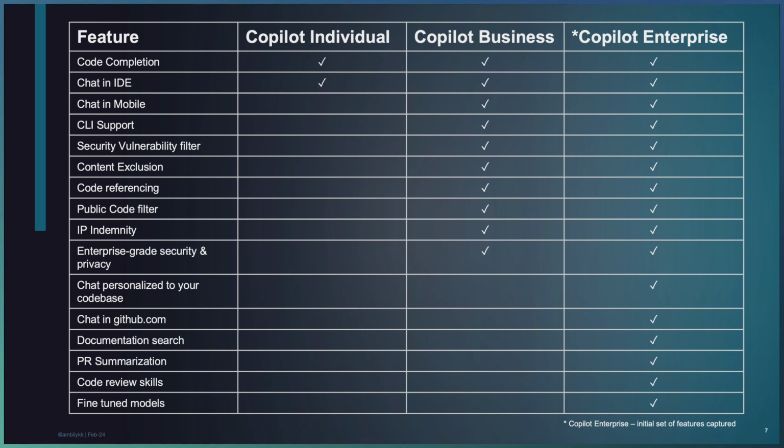It supports script generation, whether shell scripts, cloud-specific scripts, GitHub-specific, or Git-specific scripts. Along with the CLI and chat, Copilot Business supports content exclusion, code referencing, public code filtering, IP indemnity, and enterprise-grade security and privacy.